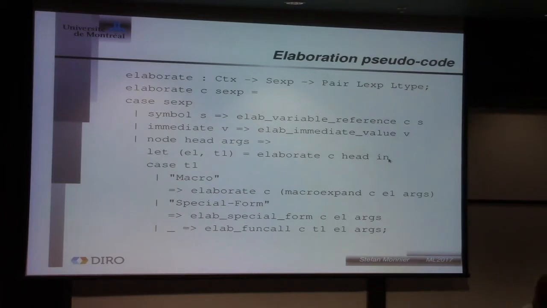If it's a symbol, then you assume it's a variable reference. If it's an immediate, then you assume that it's a constant value. And if it's something else, then you need to decide what is actually going on here. And so you elaborate the head, which will return the elaborated version of the head and its type. And then you look at the type, and if it's a macro, then you perform the macro expansion, and then you try to elaborate it again.